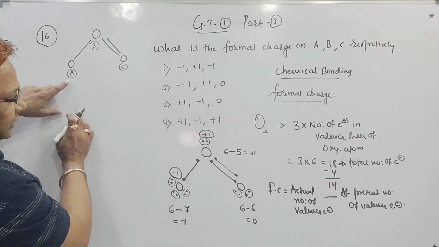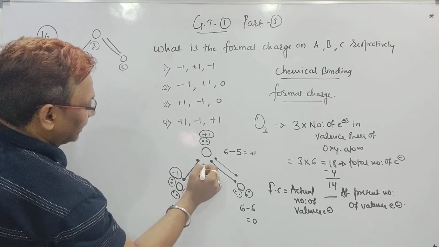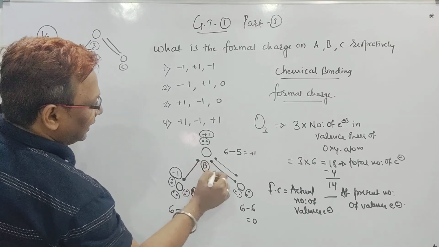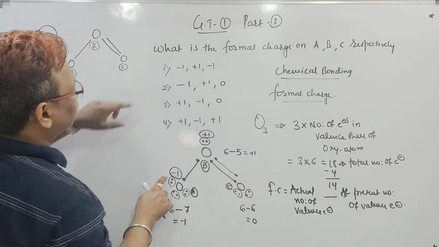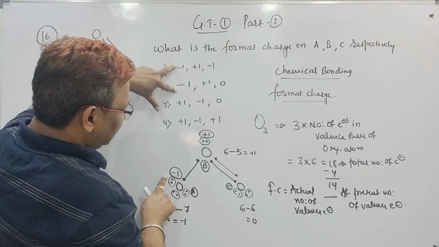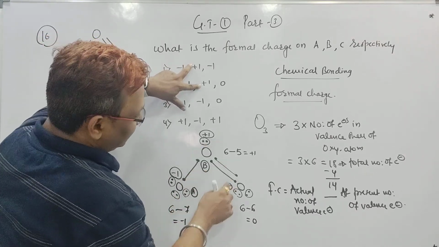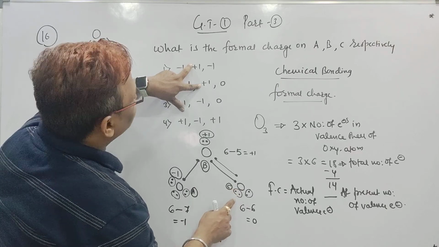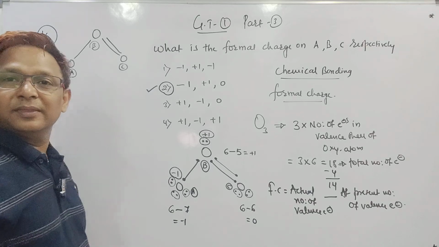What did they decide? The single-bonded O is A, the central atom is B, and the double-bonded O is C. A will have formal charge -1. Yes sir, -1. B will have formal charge +1. Yes sir, +1. C will have formal charge 0. Our option 2 is correct.